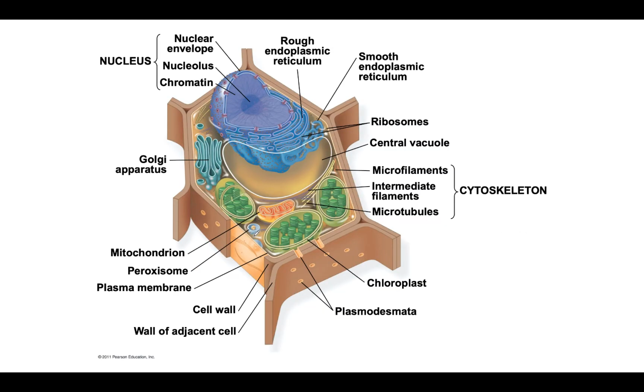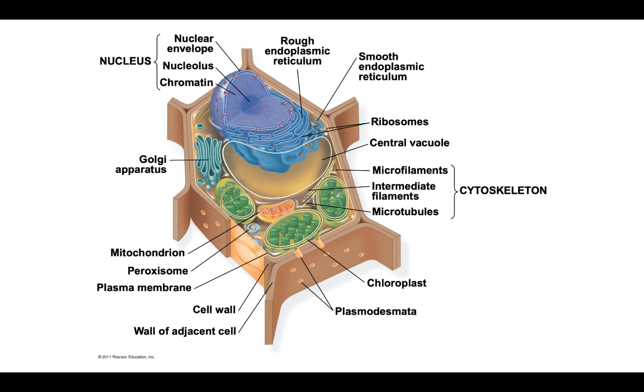This is a plant cell. A plant cell has a cell wall in addition to the plasma membrane. So here's the cell wall, and here's the plasma membrane, and inside the cell you can see the nucleus, ER, Golgi, and the central vacuole. This central vacuole is a huge space to hold water.